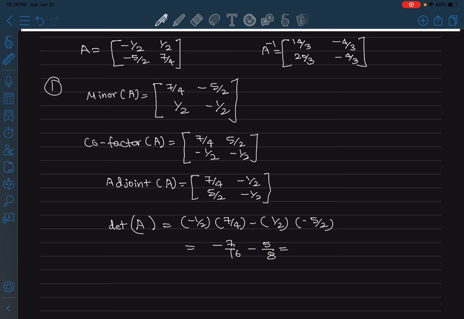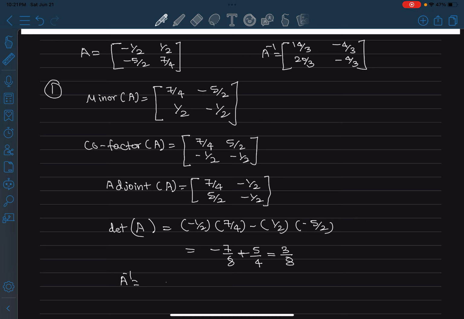Then, to find the inverse, that will just be 1 over the determinant of A times the adjoint of A. That will now be 8 over 3 times the matrix 7 over 4, 5 over 2, minus 1 over 2, minus 1 over 2.